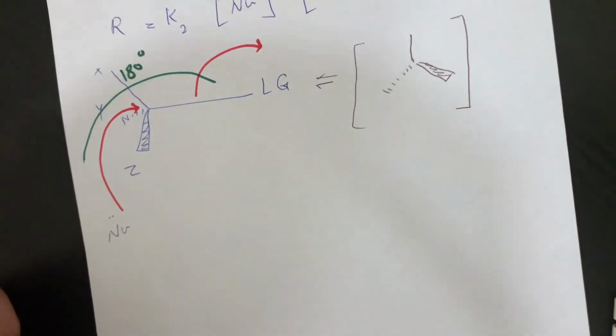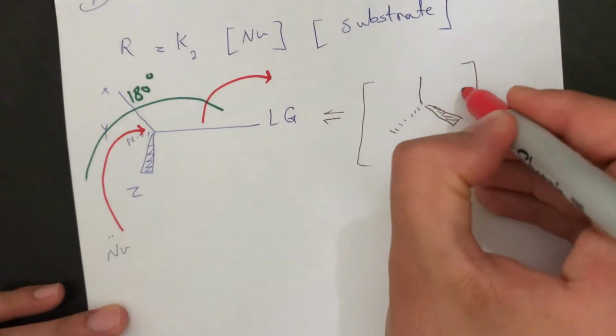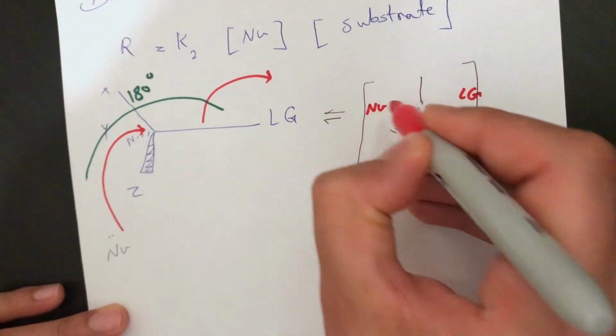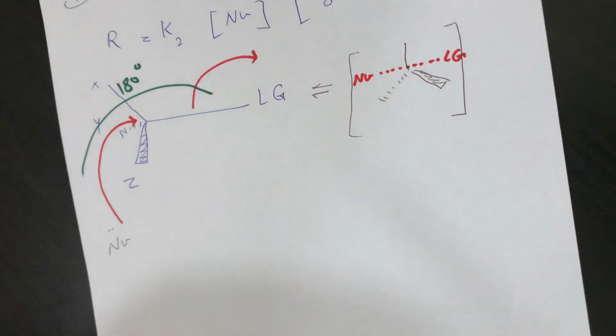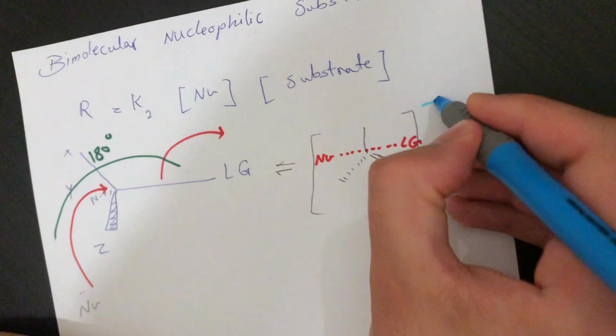I show that with dots, so you can see the leaving group and the nucleophile. At some stage they are together, and the transition state, please put that in the exams, is very important.